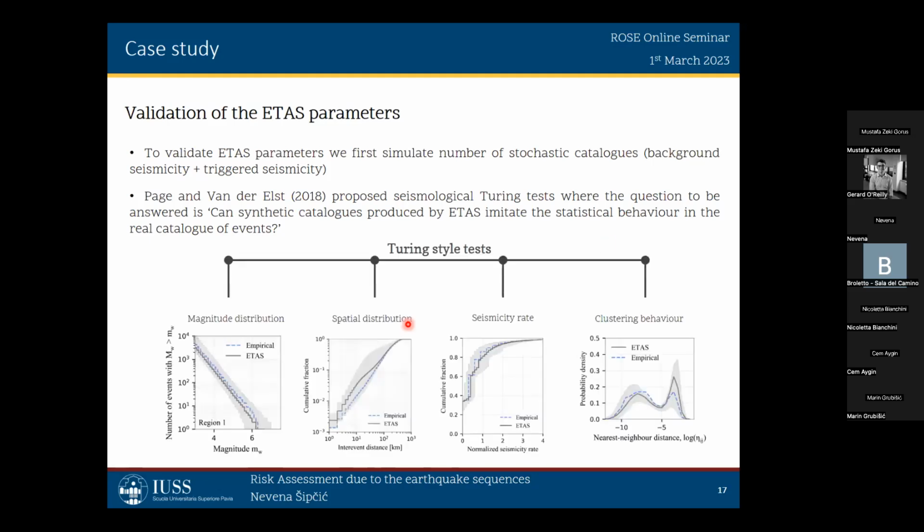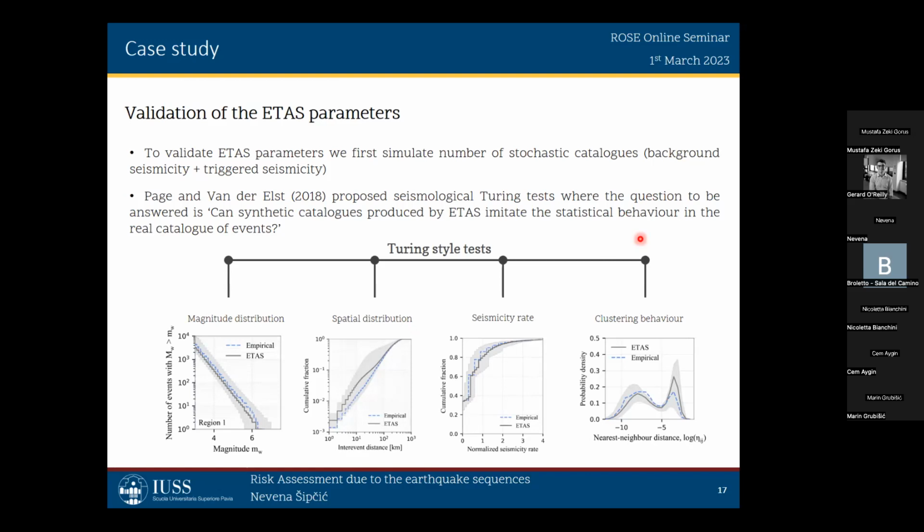There are several tests that we conducted, and I'm showing some of them here. We compared the magnitude distribution, spatial distribution, seismicity rate, and clustering behavior. And without going into too much detail, we showed that there is no statistically significant difference between the synthetic catalogs and the observed seismicity.